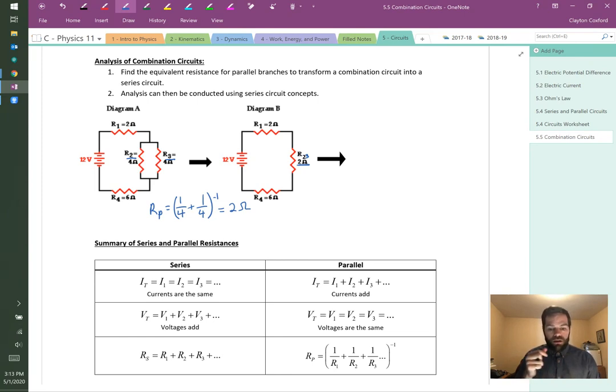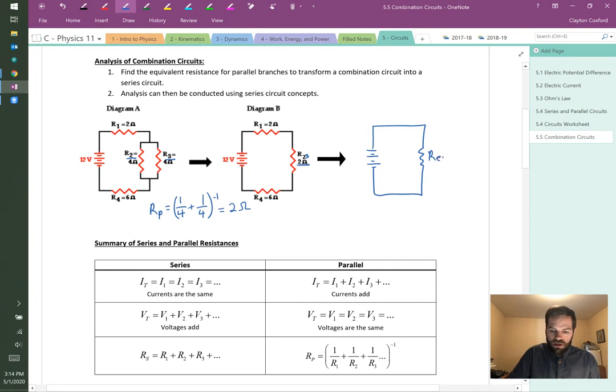Then my final step, which I like to do because it helps me to figure out what is the current in this whole circuit, is I like to further reduce that whole circuit into a circuit that has a single resistor, a single equivalent resistance. So this equivalent resistance, Req, would be the combination of resistors 1, 2, 3, and 4.